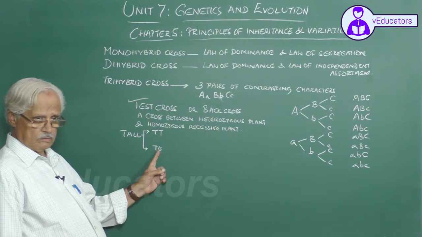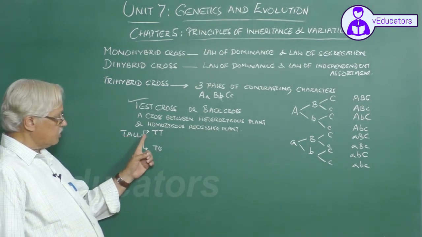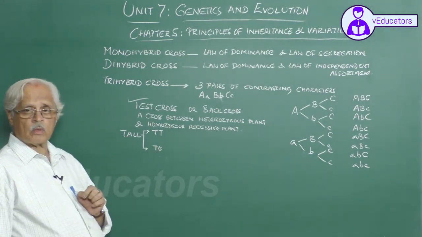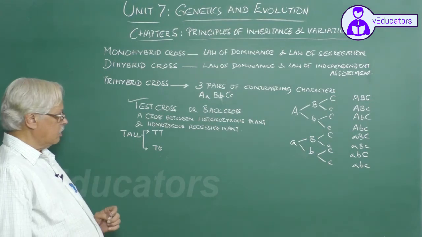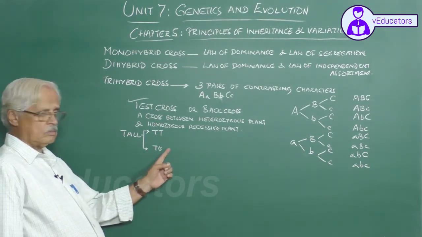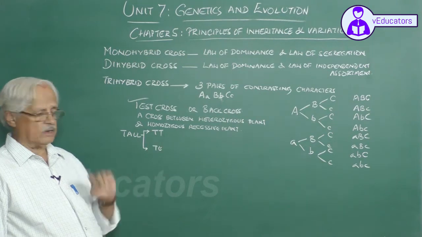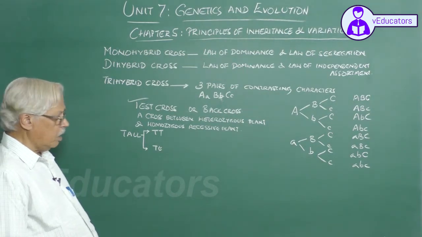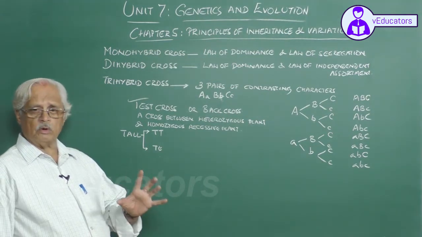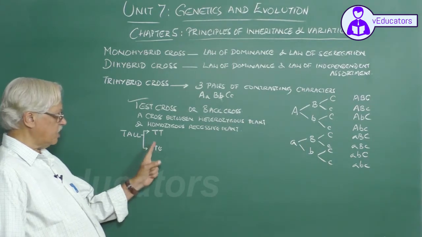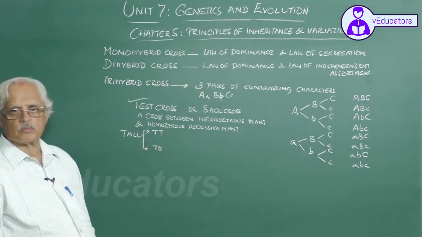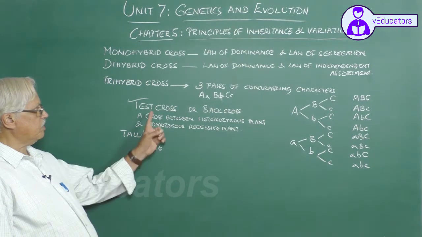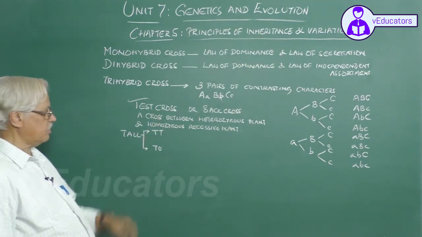Phenotype is similar, phenotype is tall, but genotype is different. Suppose you are given a tall plant and asked to find out whether this tall plant is homozygous or heterozygous. You can do it by conducting a test cross.